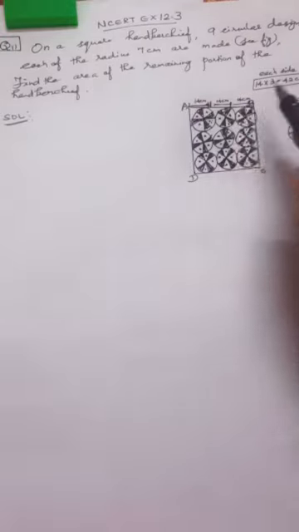See, the radius is 7 centimeter. That means the diameter will be 7 into 2, 2 times the radius, so that is 14 centimeter. There are 9 circular designs made, 3 in each row.